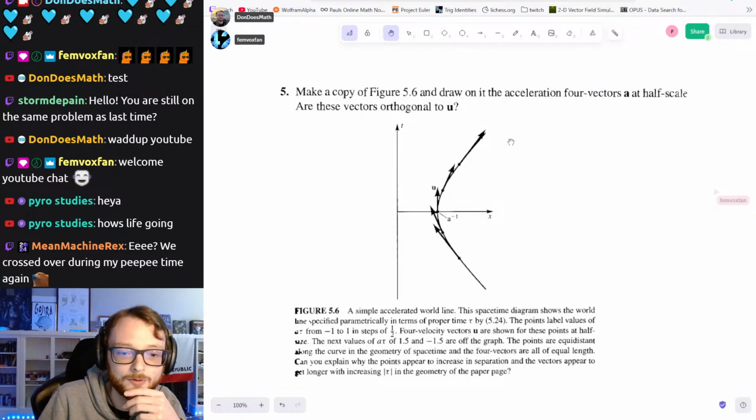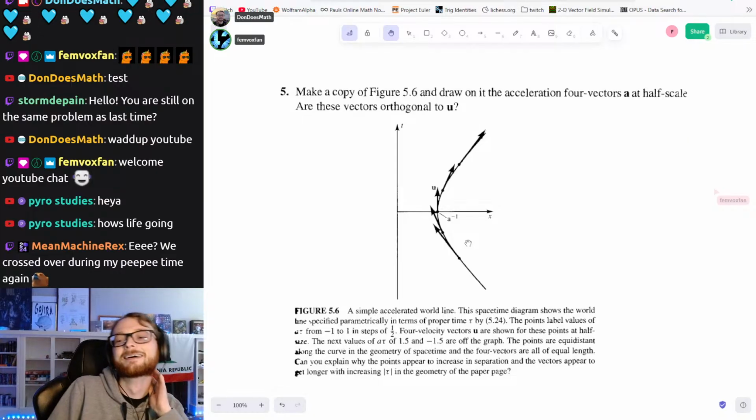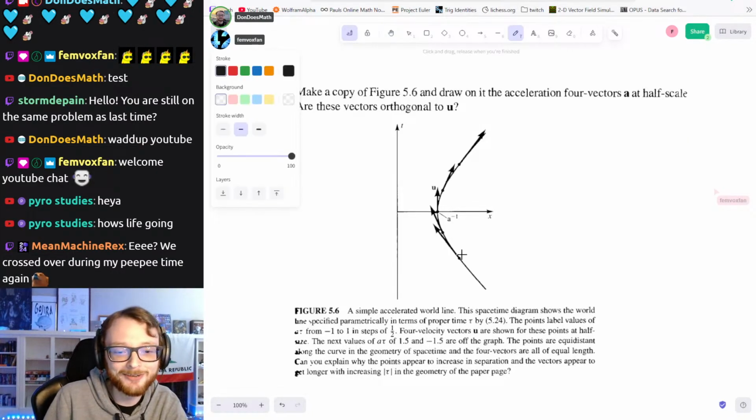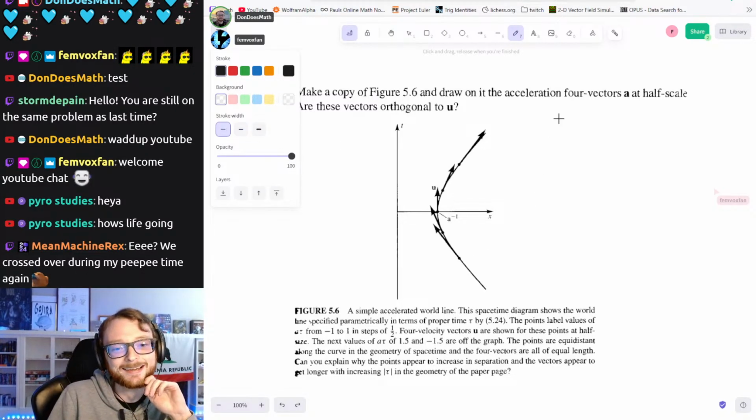So these must all be orthogonal. So what's the definition of orthogonality for 4D vectors? Is it just dot product is 0? I didn't think about that. I just wanted to draw a right angle and not worry about it, but we do have to worry about that. Yeah, if they dot to 0. What does that mean?